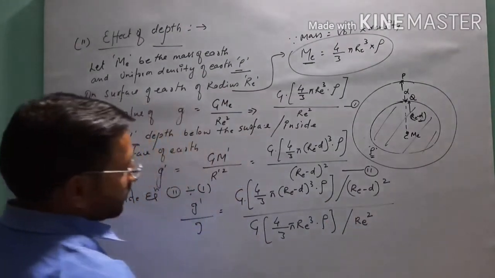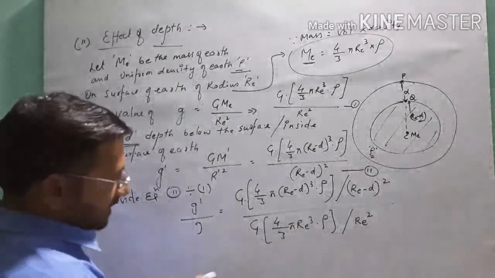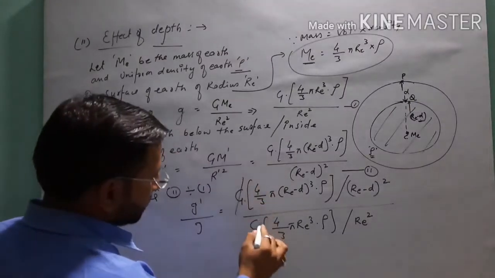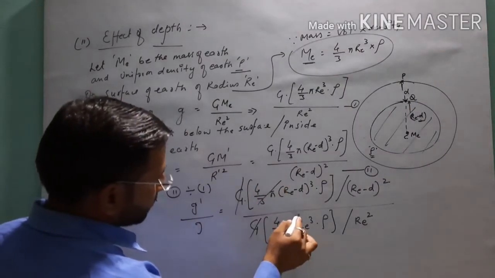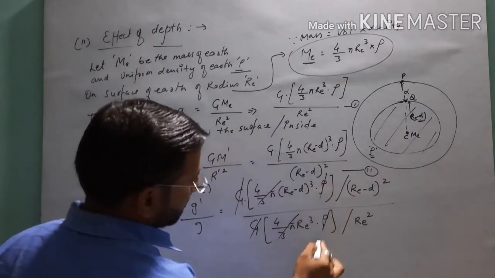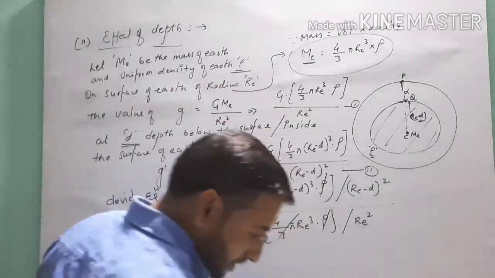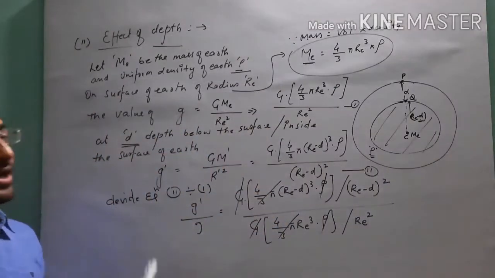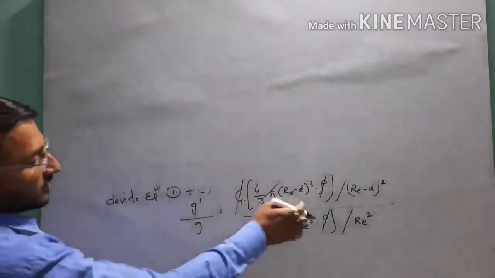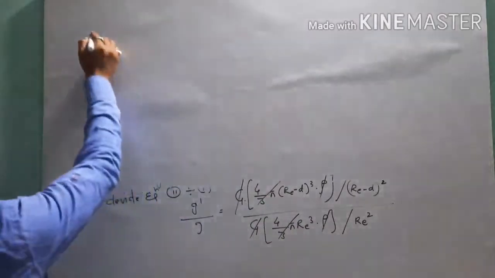Point clear? You can cancel out those values which are the same. Here G and G cancel out, 4 by 3 pi and 4 by 3 pi cancel out, rho and rho cancel out, and here we will see what will be the remaining. So for that, note down and pause the video. After this cancellation, we will write the remaining values.